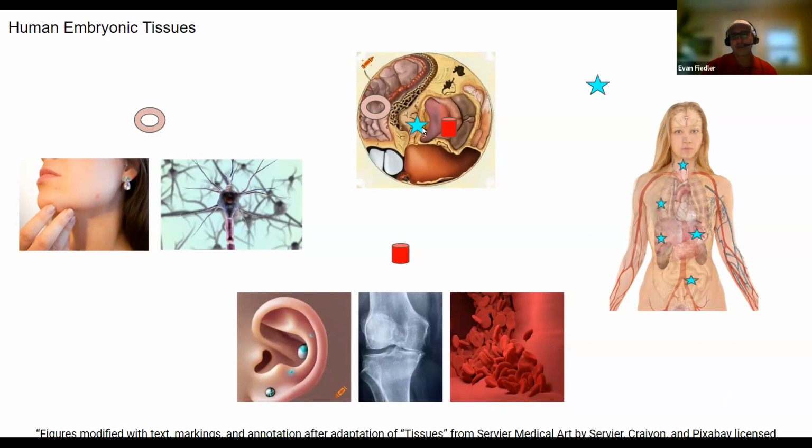And then the innermost layer is called, conveniently, the endoderm, endo, inside. And this will give rise to the thyroid, the lungs and respiratory tract, the liver, which is very large, not pictured very well here, but you kind of see some shadows of it.